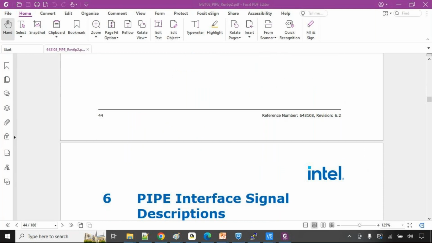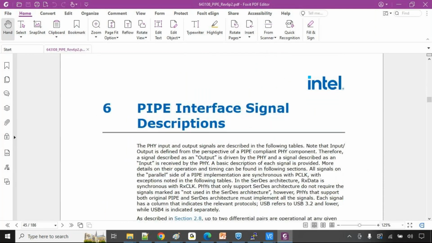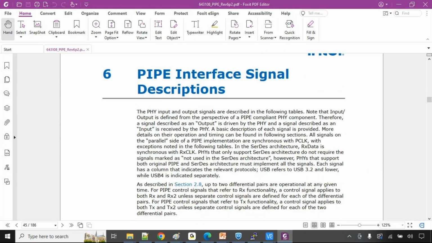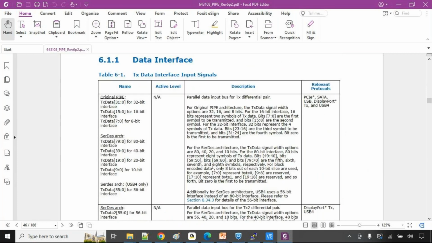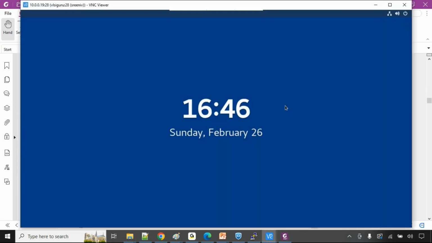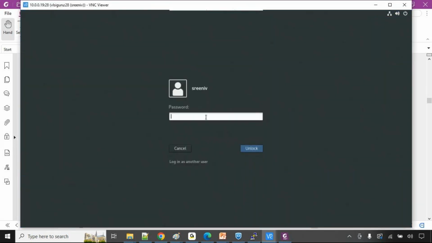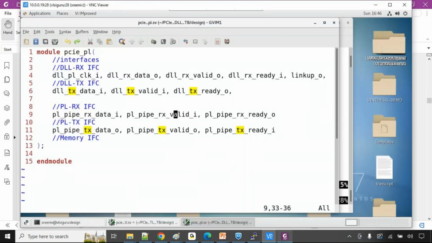This is the one we are looking at, the PIPE interface signal description. If you go down, you will be able to see this. See, there is transmit data. It is applicable to PCI Express also. So you go here, and what else is there?